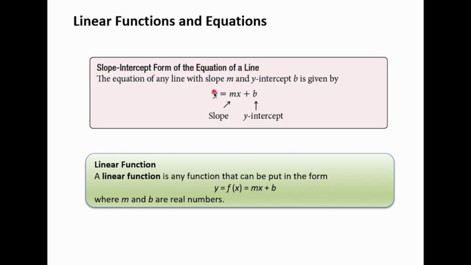That's when you have y equals mx plus b, where m is your slope and b is your y-intercept. We can define a linear function by saying if the function can be written in this form, where I have some coefficient times x and then plus a constant, then that would be considered a linear function.